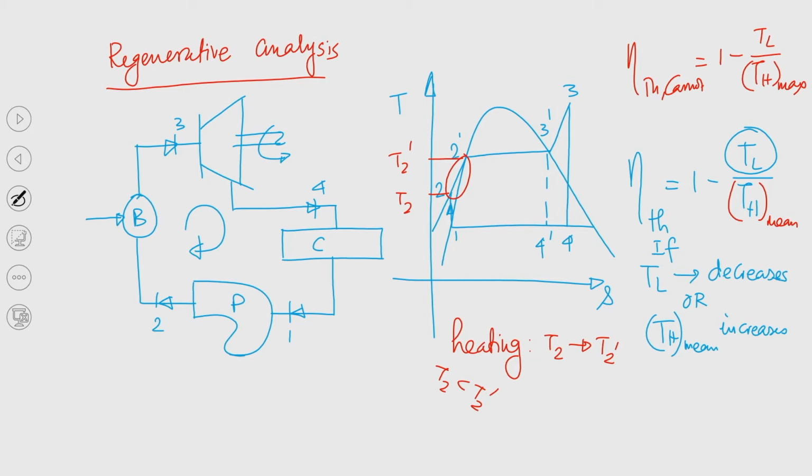So, before we supply water to the boiler, can't we increase the temperature of feed water, so that the sensible heating component can be reduced? If we can reduce this low temperature sensible heating, it will increase TH mean closer to TH max, and we can increase the efficiency of the cycle.